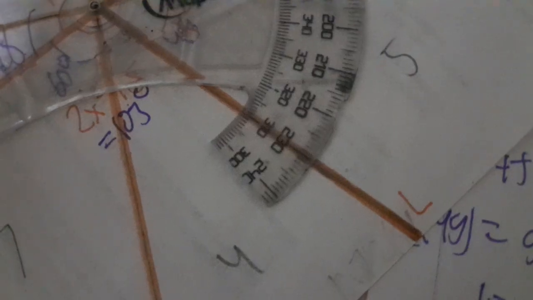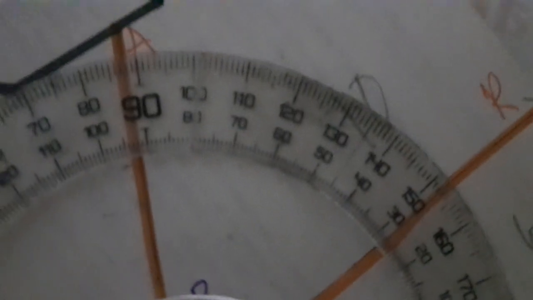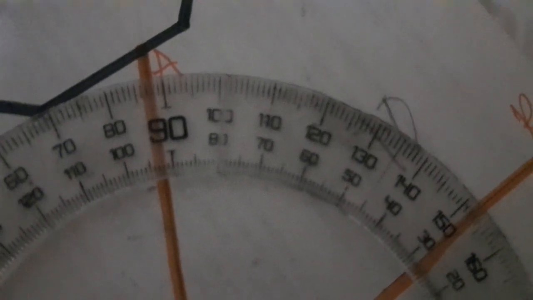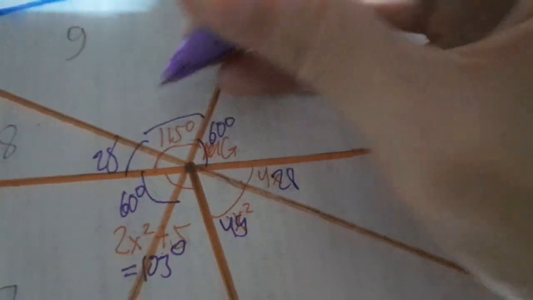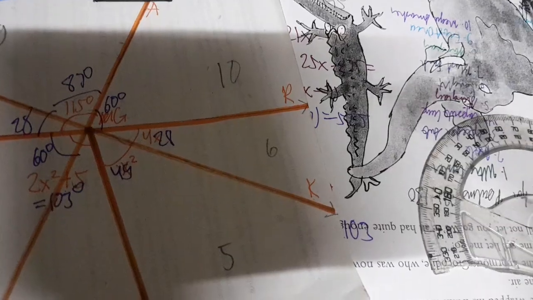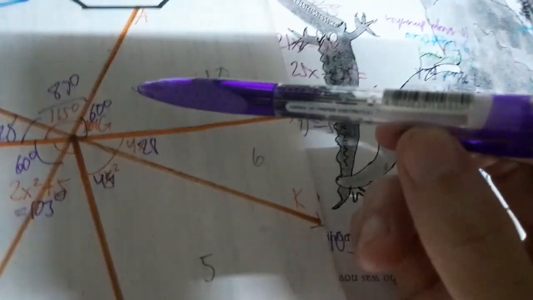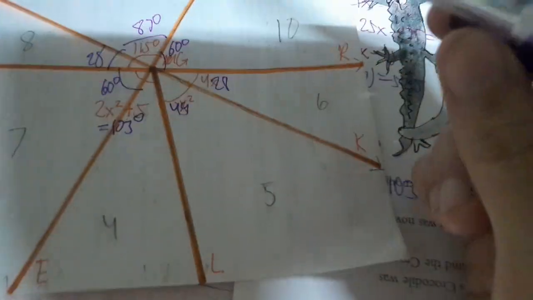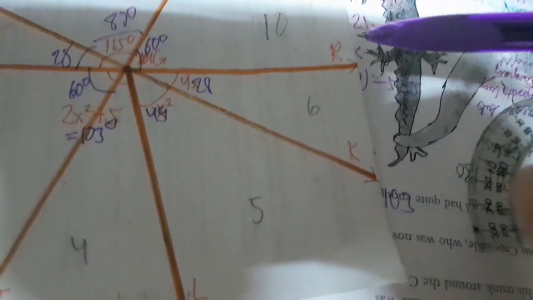Did we get that right? Let's see. It's close to 90. So correct, that is 87. Okay? 87 degrees. Or you can simply do this. 60, then 28, then remember this 60, right? 60 degrees.